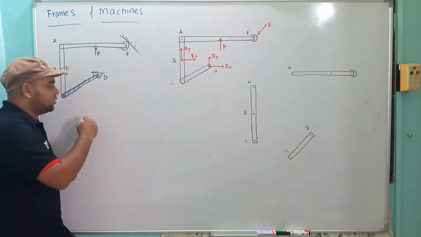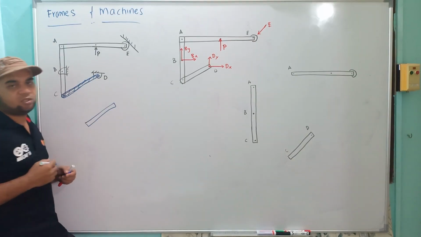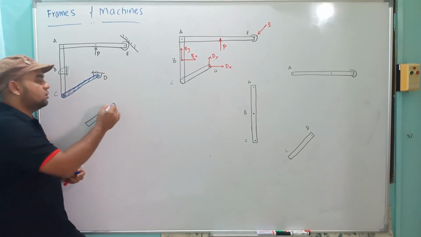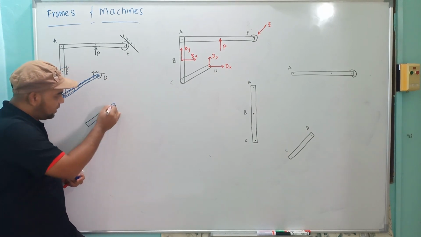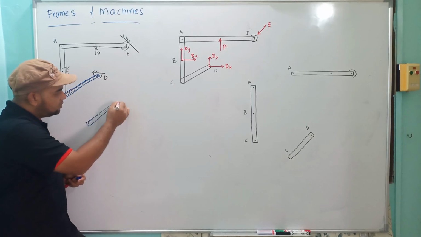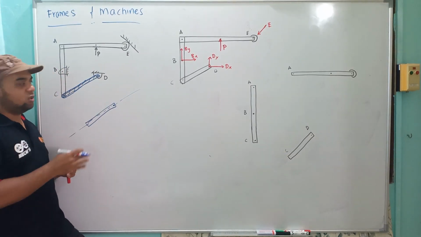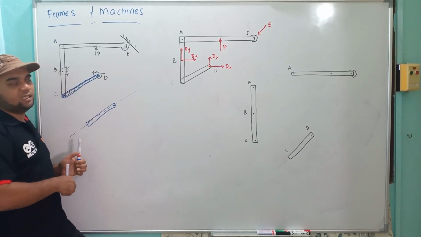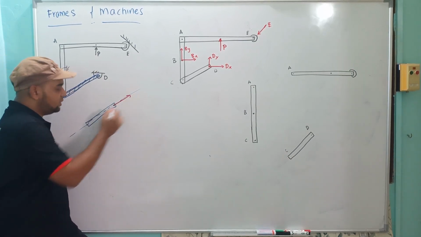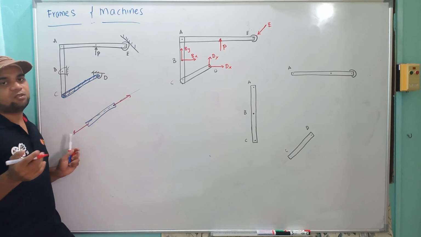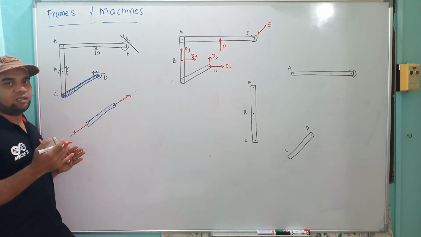So in our free body diagram, we have to acknowledge that and put directly a two force member, like we have done in trusses. The force is on the line of action linking these two points, and the force is either in tension or in compression. If we consider it in tension, it goes this way, both ends pulling outward. If we consider it in compression, it is inward, the opposite direction.